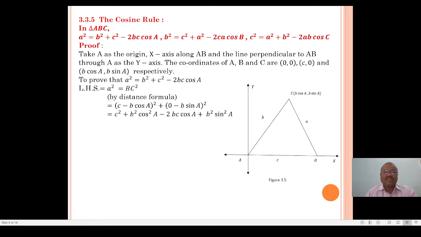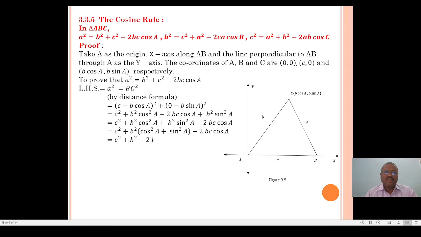Now collect the terms, b square as common, and cos square A plus sin square A. So we get c square plus b square cos square A plus b square sin square A minus 2bc cos A. From these, c square plus b square into (cos square A plus sin square A) minus 2bc cos A. We know the value of cos square A plus sin square A is 1.